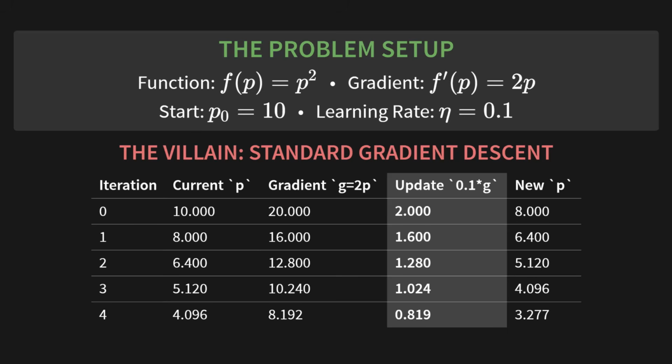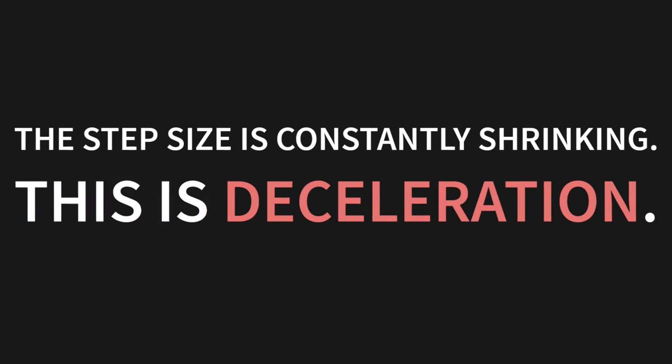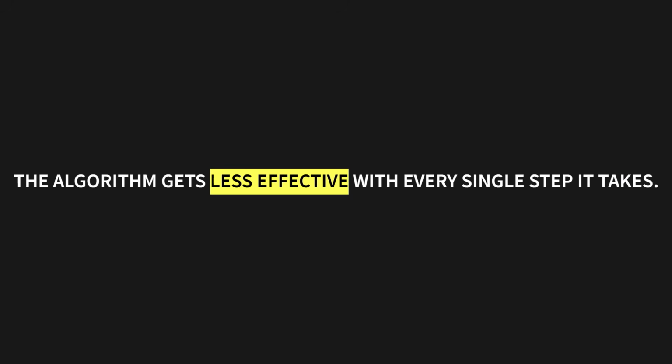You see the pattern here, right? We go from 6.4 to a gradient of 12.8 to an update of 1.28. I won't read the whole table, but look at that update column. The step size is constantly shrinking. This is deceleration. The algorithm gets less effective with every single step it takes. This is the problem we need to fix.